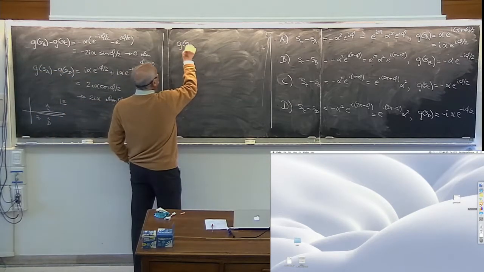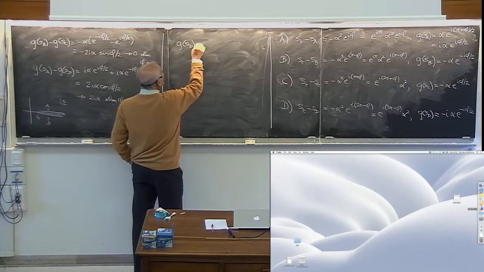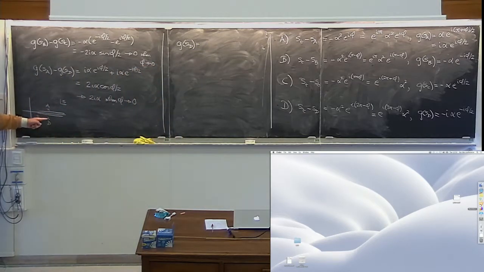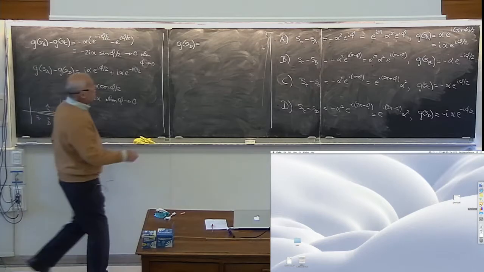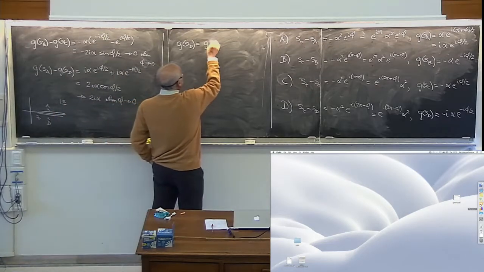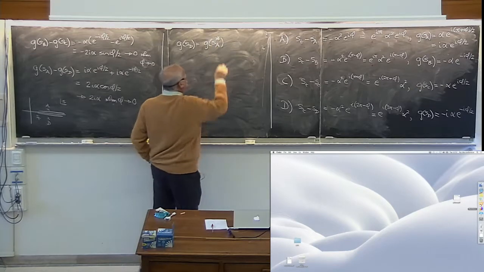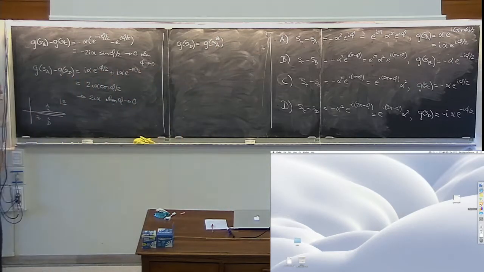G at the point S_D, well, the first thing to notice about S_D is that it's just the complex conjugate of S_A, because complex conjugate in a complex plane means just cross the imaginary axis.